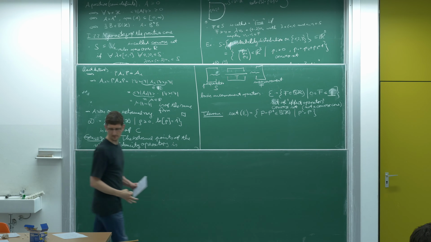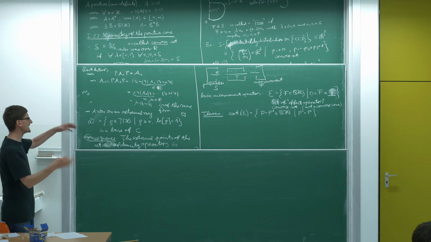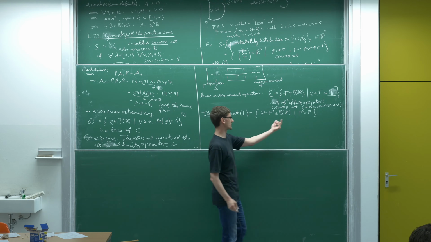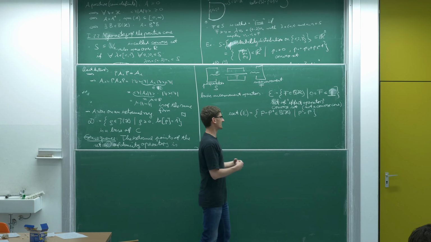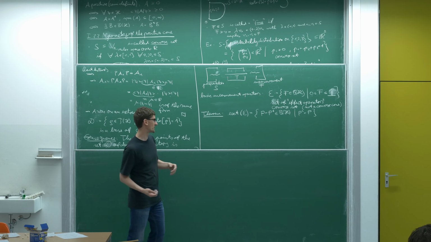So when we later talk about POVMs, like about real measurements, so full measurements, then oftentimes the projective measurements are the ideal measurements or the most optimal measurements for some task.